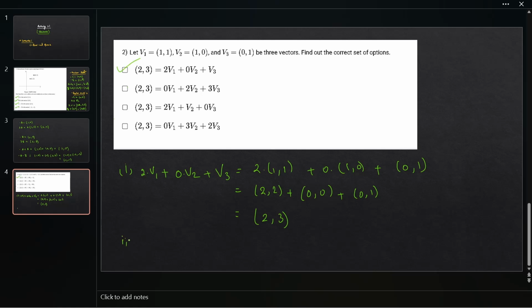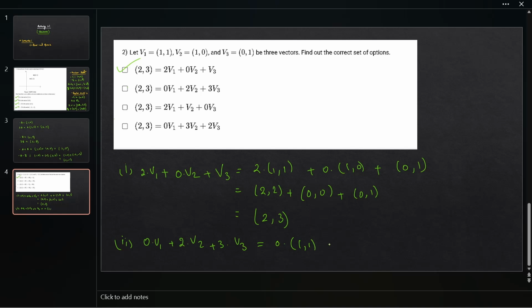Now moving on to option 2, we have 0 times v1 plus 2 times v2 plus 3 times v3. Here we need not write 0 times v1, because we have seen that the scalar multiplication of any vector with 0 gives the zero vector itself. But just for the sake of writing, let's write it this time, and from the next time we will not write it.